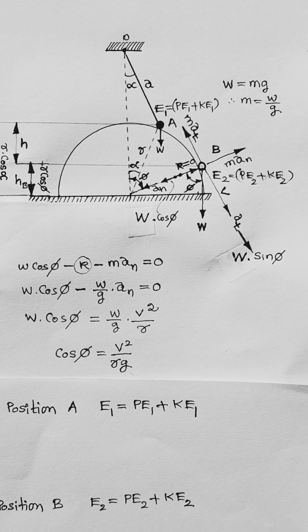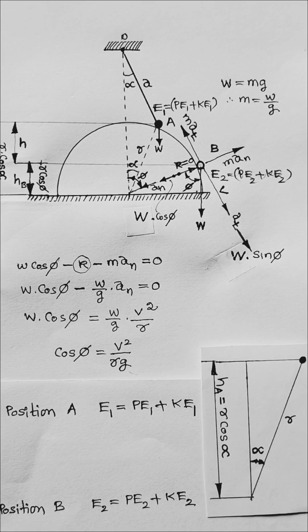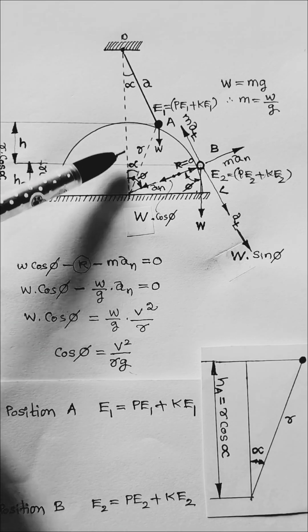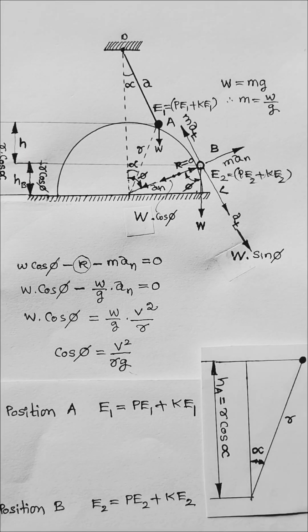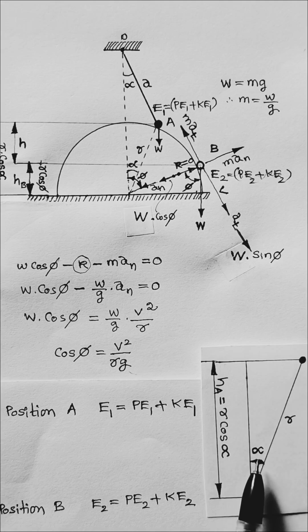Potential energy of the particle at position A can be estimated by following the height above the ground. The height above the ground up to position A is considered as HA. By following this right angle triangle, we can estimate this HA. This side is considered as HA. By following this radius and angle, this is the adjacent side.